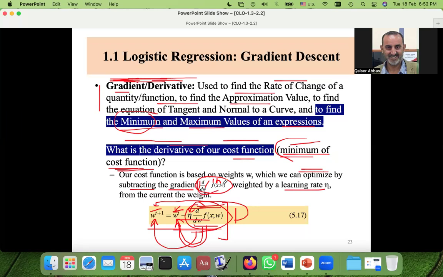We can take the gradient first, multiply this gradient with the learning rate eta, and then subtract it, and after the subtraction we will update the values on the right hand side. This is the equation that we formed, but this equation is for one input x and a single weight.